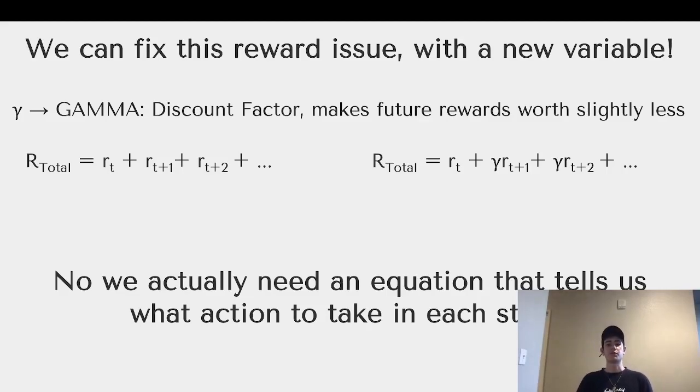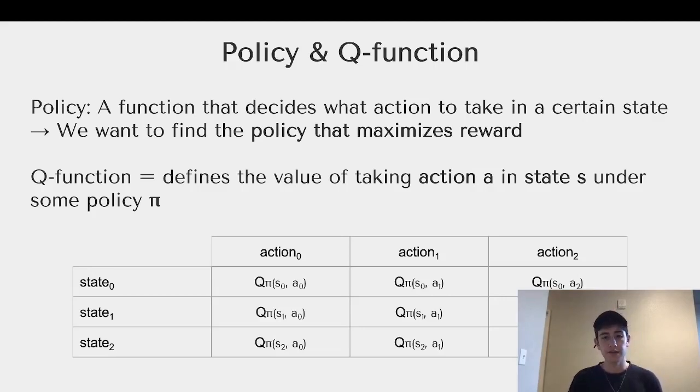So now we actually need an equation that tells us what action to take in a given state. We know how to calculate rewards. We have a basic understanding of the theory, but now given a state by the environment to the agent, how will the agent know what action to take? And this is where policy and the Q function comes into play. So a policy is a function that decides what action to take in what state, and we want to find a policy that maximizes reward. Now, the Q function defines the value of taking action A in state S under some policy pi.